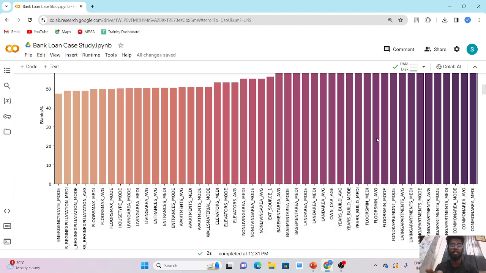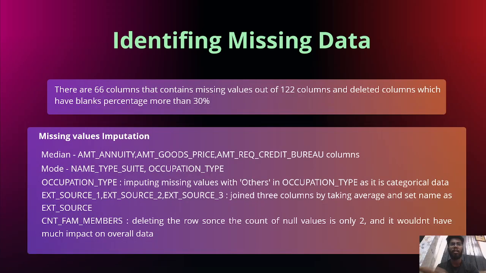The process: we deleted columns that have more than 30 percent blank values. For columns with below 30 percent missing values, we imputed mean, mode, or median values for income, amount goods, and amount required credit bureau columns.